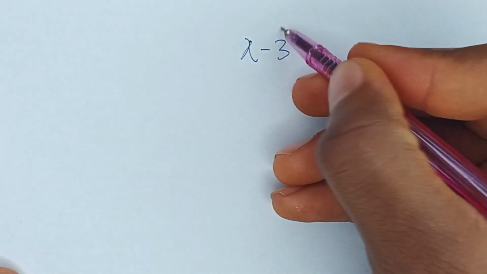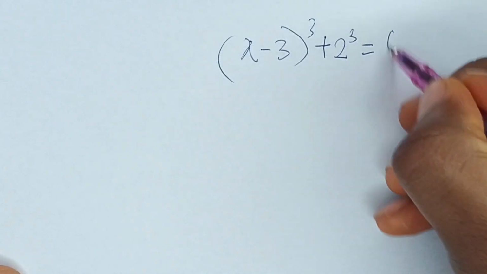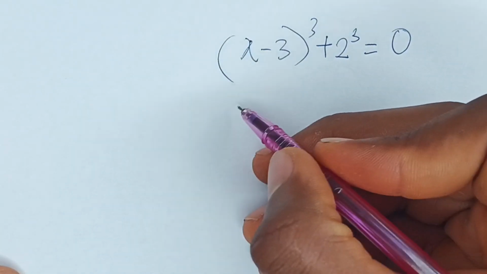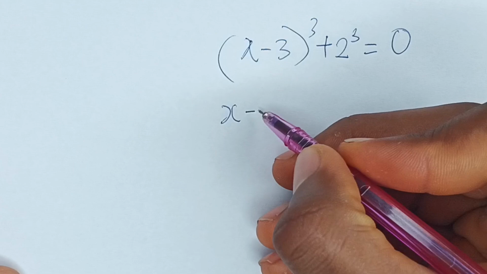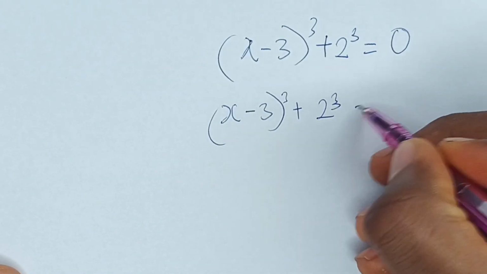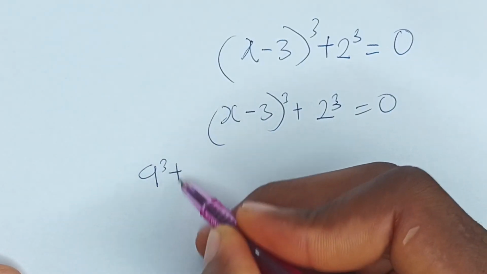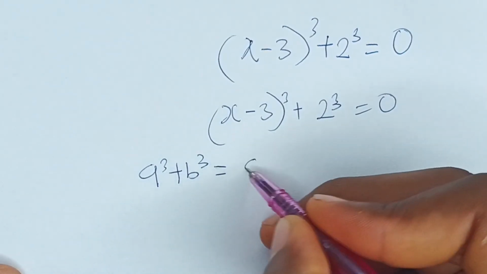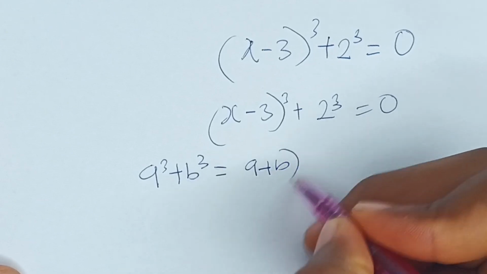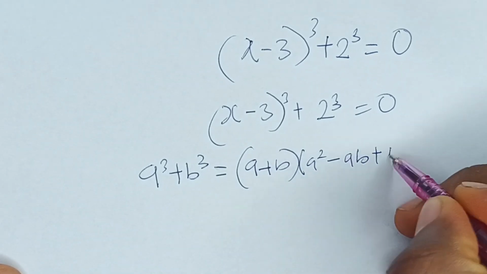(x − 3)^3 + 2^3 is equal to 0. From here, we can say that this follows the law of the sum of two cubes. If we have a^3 + b^3, it is equal to (a + b) multiplied by (a^2 − ab + b^2).